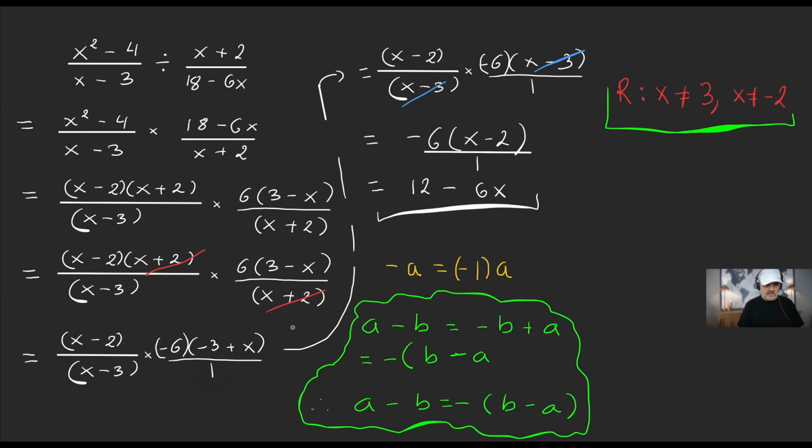Now in the line below, which in my case is the top of the screen on the right side, we rewrite the question so that we see the steps. x minus 2 is copied, x minus 3, negative 6, and look what happens right here.